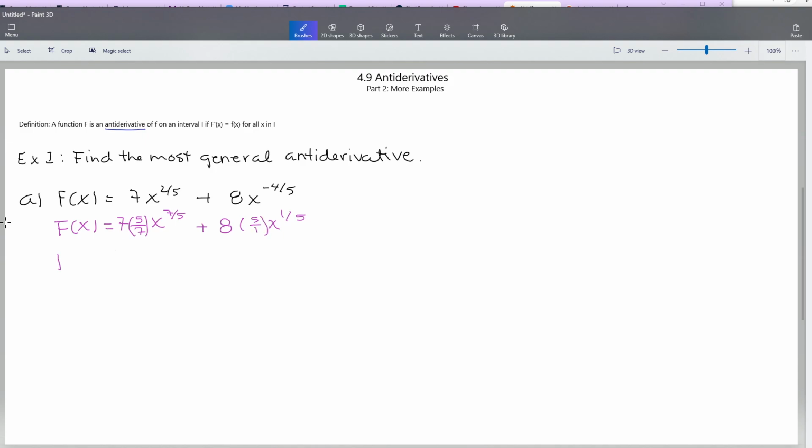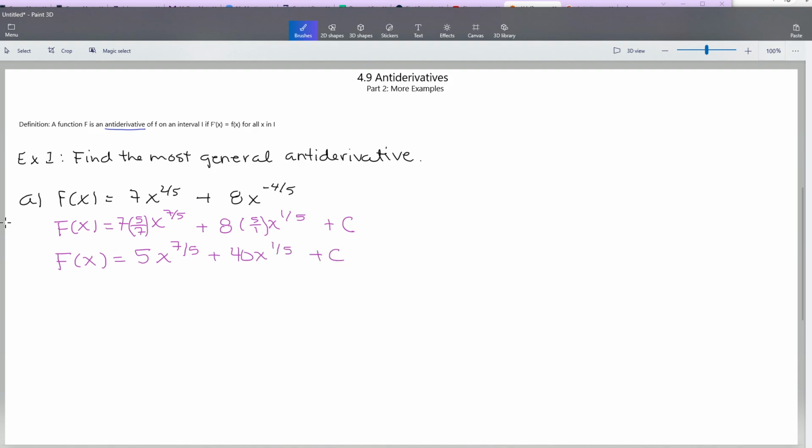So if we simplify these a little bit, and not forgetting our constant, this 7 will cancel with this one, and I get 5x to the 7/5 plus 8 times 5 is 40x to the 1/5 plus c.